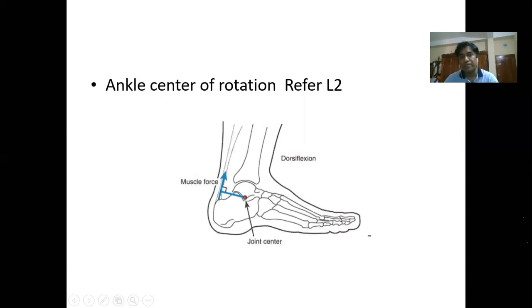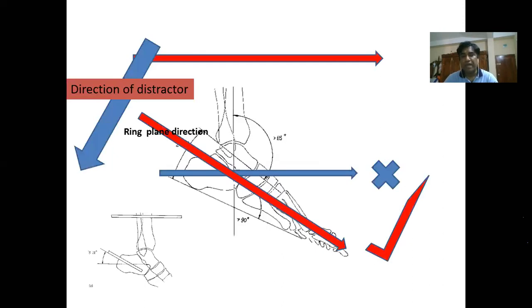If I refer you to my previous lecture L2, you can get the idea of ankle center of rotation. I do not want to repeat it. You can get all the things about what the ankle center is and why it is important from the previous lecture. And now I just want to simplify this figure for you: think that this is the equinus foot.